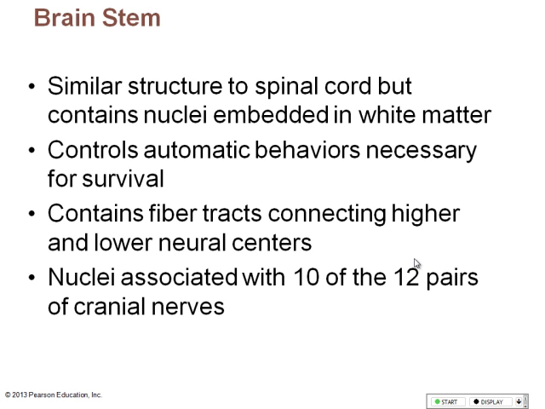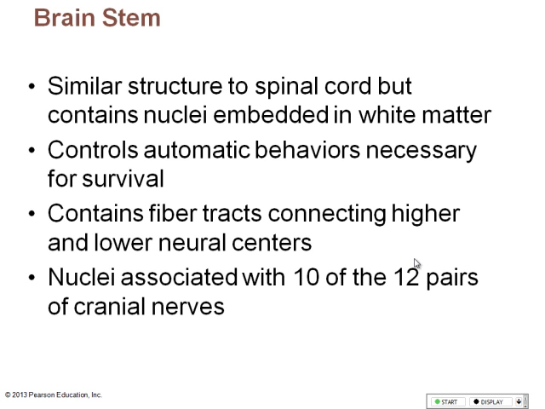Cranial nerve number 2, your optic nerve, is going to send information from here to there, yes? Cranial nerve number 1, your olfactory, is going to send information from here to there, yes?